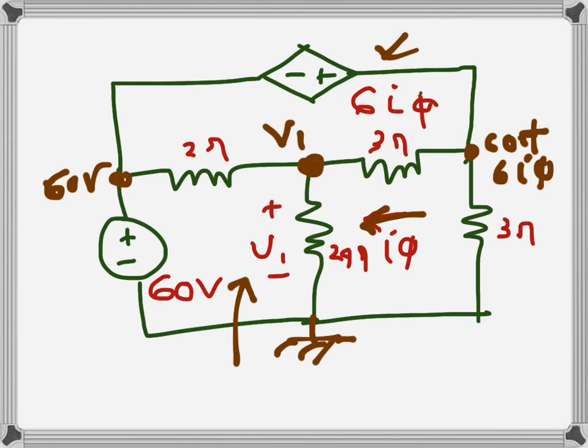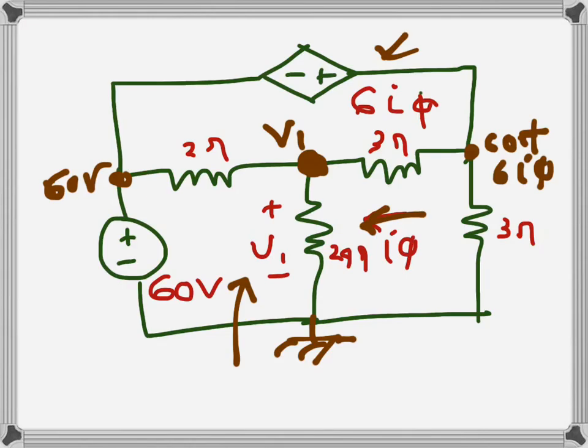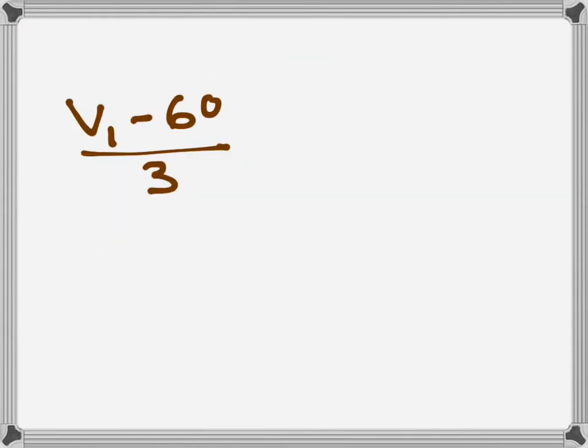So we know that. First let us try writing a node current equation, that means KCL for this node. Let's say all the currents are outgoing, sum of the outgoing currents is 0. So V1 minus 60 divided by 2, because that's 2, is one outgoing current.